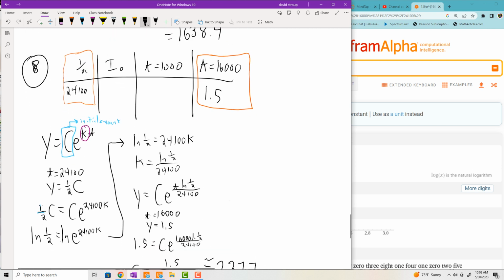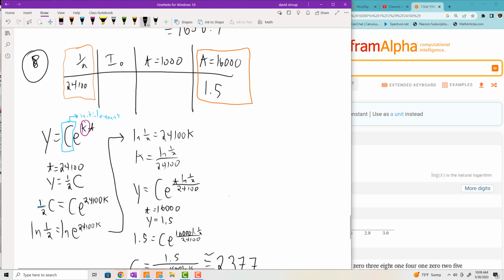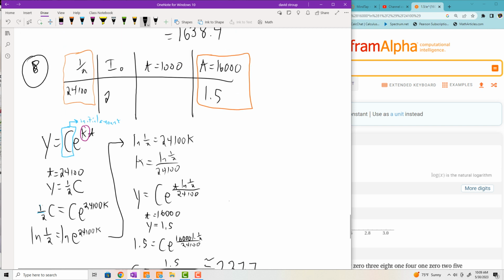Okay, so now that I got the c value, which is the initial amount, you can come up here and fill in that blank, 2.377. I can also rewrite now my equation. So y will be equal to 2.377 e to the t times ln of 1/2 divided by 24,100.